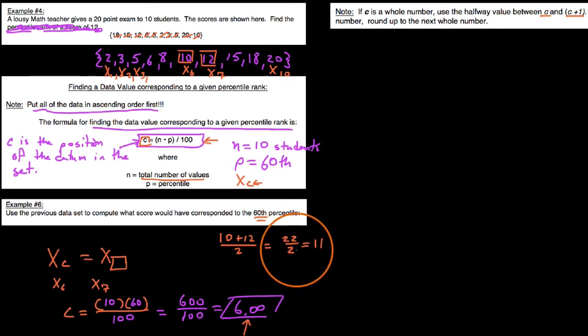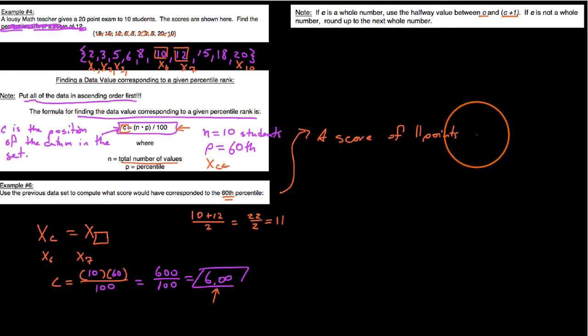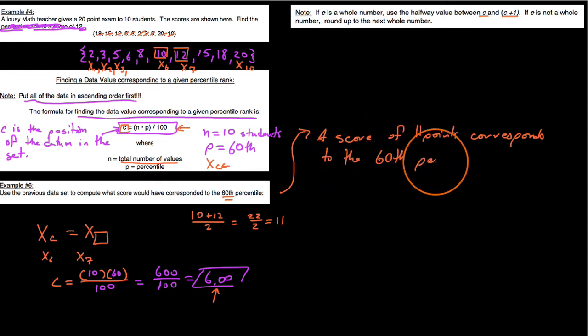So to answer this question, we say a score of 11 points corresponds, there's our C word again, corresponds to the 60th percentile. Just noticing here, by the way, the 60th percentile wasn't even one of the original scores, but if you got 11 with respect to this data set, you would be in the 60th percentile for how we calculate that.